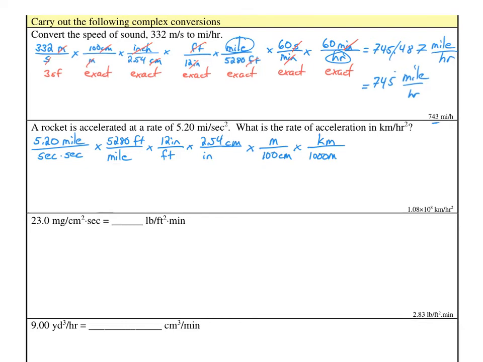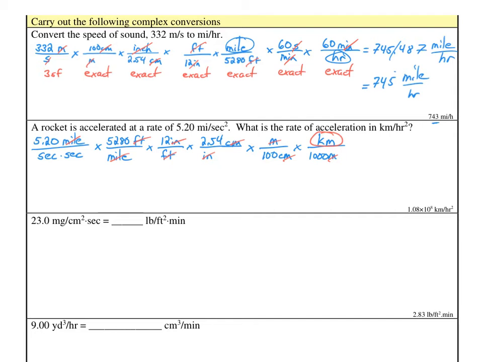So a mile is equivalent to 5,280 feet, 12 inches to a foot, 2.54 centimeters is equivalent to an inch, a meter is 100 centimeters, and a kilometer is 1,000 meters. Now if we see the cancellations, miles, feet, inches, centimeters, and meters, we have the appropriate unit in the numerator, kilometers.